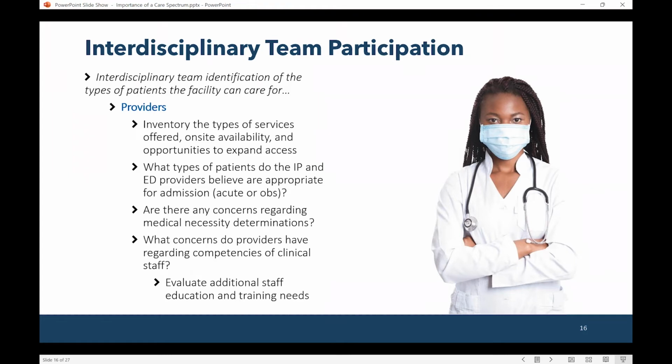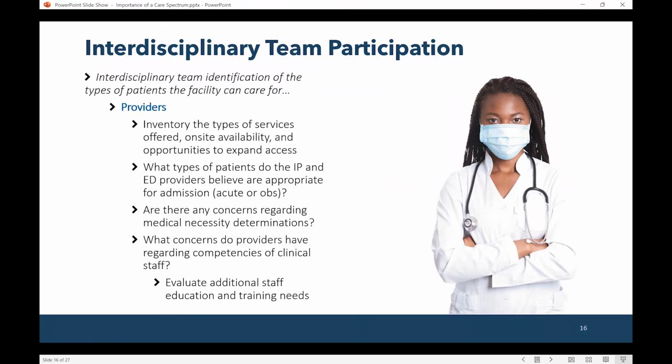They saw that they transferred a great number of cardiac patients out, and they were able to build a relationship with that clinic and then bring the chest pain rule-outs in, instead of transferring them out, and have them receive stress tests the next morning or however that was scheduled. They were able to do that because they realized through this process that they had many of those patients leaving. The providers help with what type of patients the inpatient and ED providers believe are appropriate.